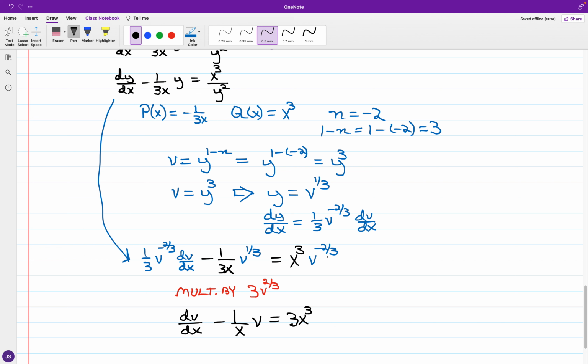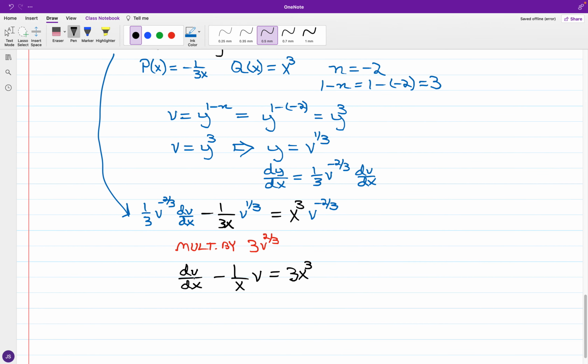Again, v to the 2/3 times v to the negative 2/3, those will take care of each other. And so we have the rewrite in terms of the substitution variable, setting the stage for the integrating factor. This time we're going to have rho of x is equal to negative 1 over x.